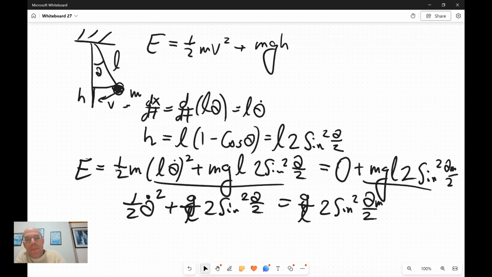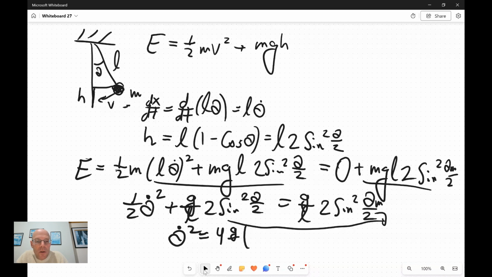So we arrive at a very useful relation: by moving this to this side and multiplying by 2, we learn that theta dot square is 4g over L.